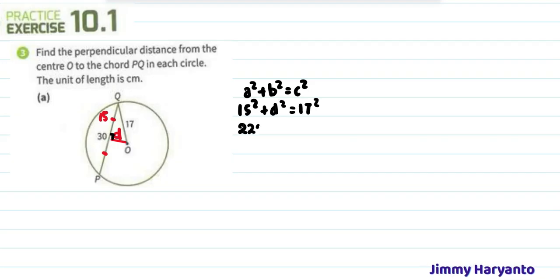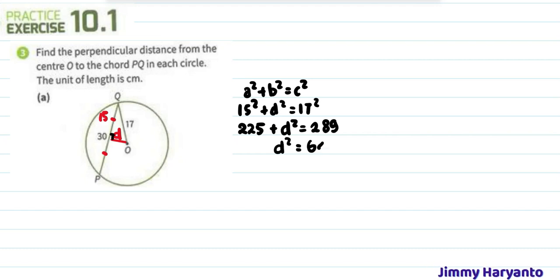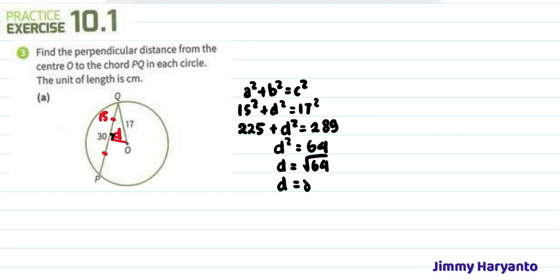This one is 225 plus d square equals 289, and then 289 minus 225 is 64. So d equals square root of 64, which is 8. So d equals 8 centimeters, the perpendicular distance.